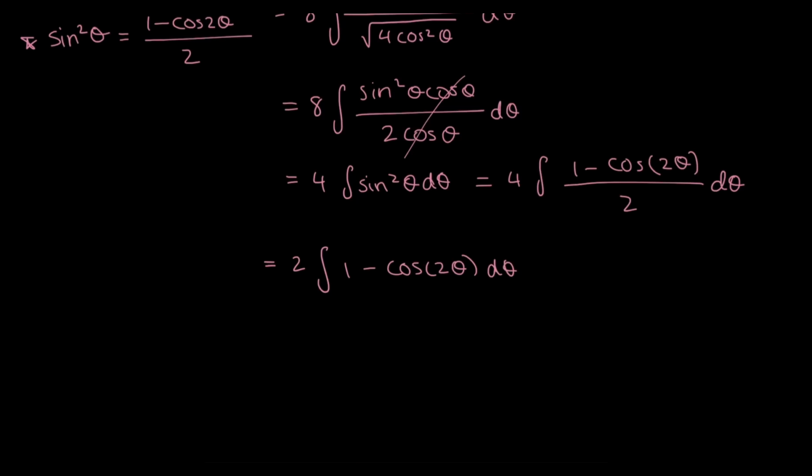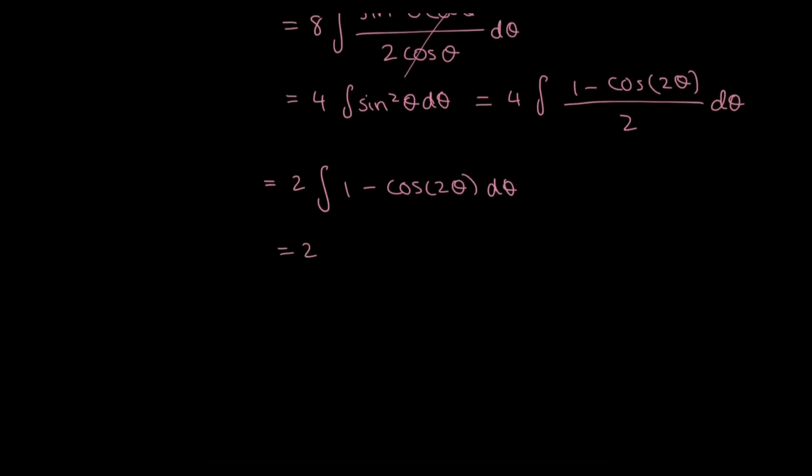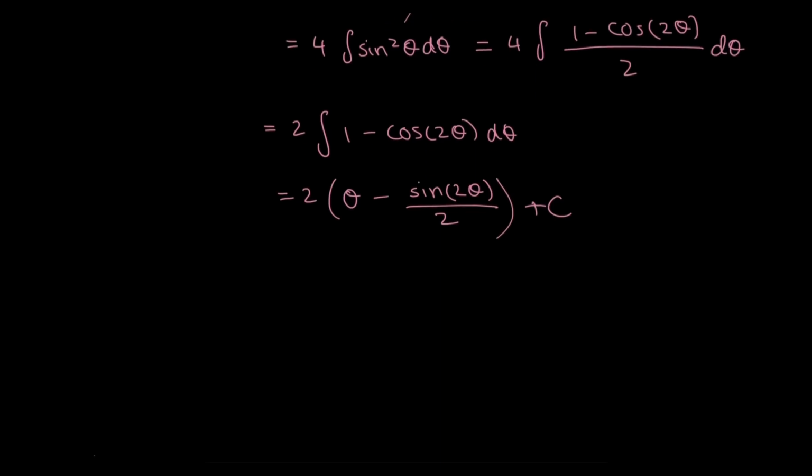Now integrating this is much easier, so this goes to 2, that 1 integrated is theta with respect to theta, minus the integral of cosine 2 theta, which is going to be sine 2 theta divided by 2, plus an arbitrary constant c because this is an indefinite integral. And now I will be distributing that 2 in, and that 2 gets rid of this 2 over here, so that I have sine 2 theta plus c.